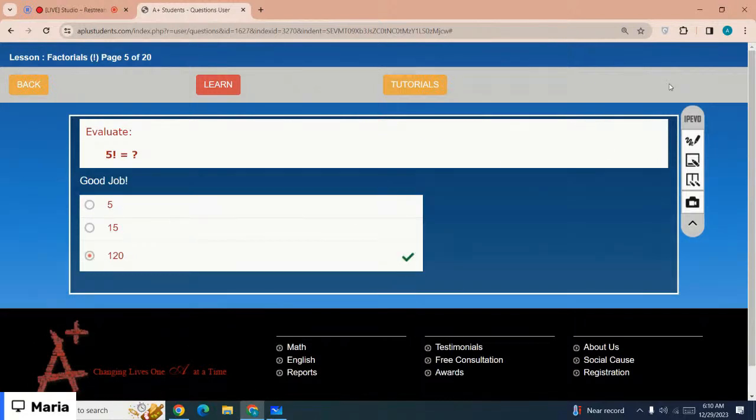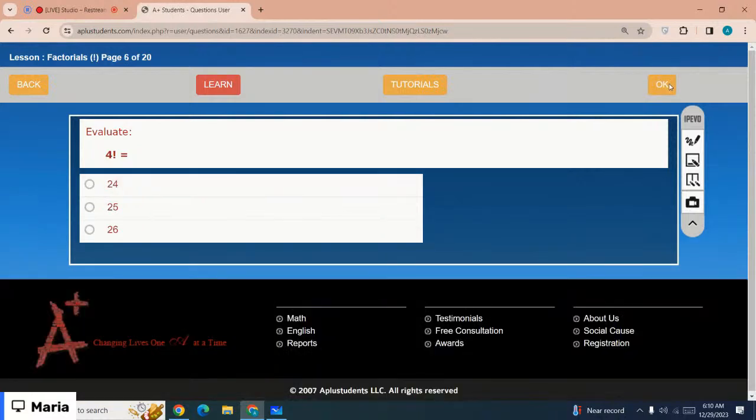So that is 120, right? Okay, the next one is 4 factorial. So 4 factorial equals 24.